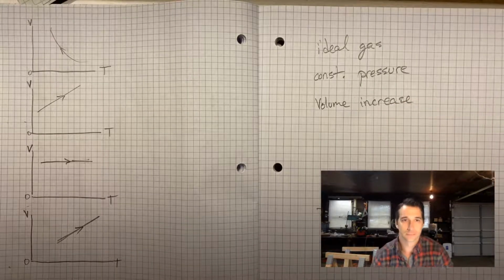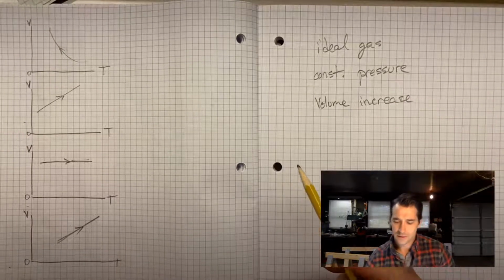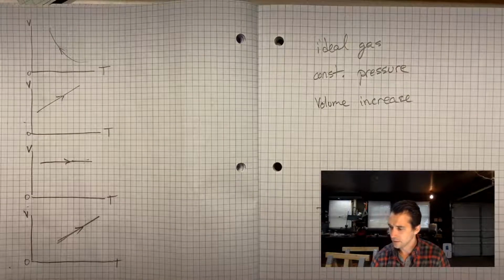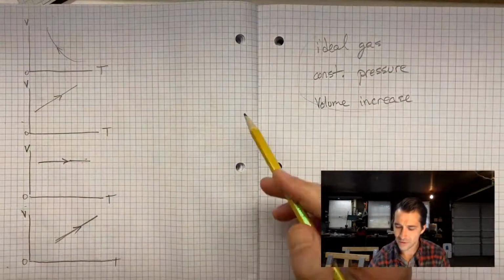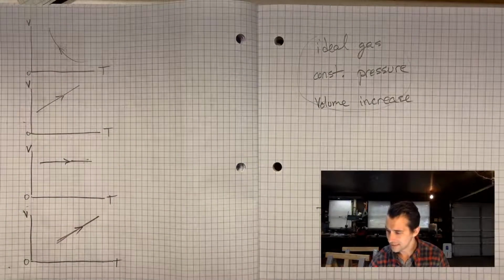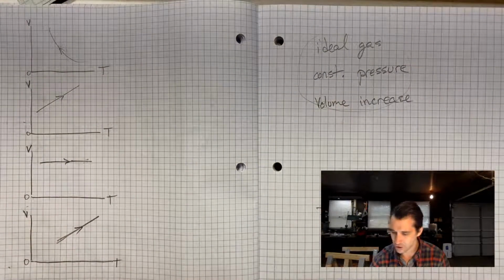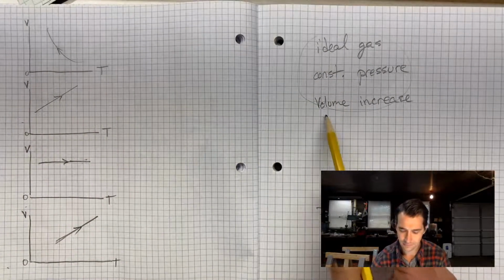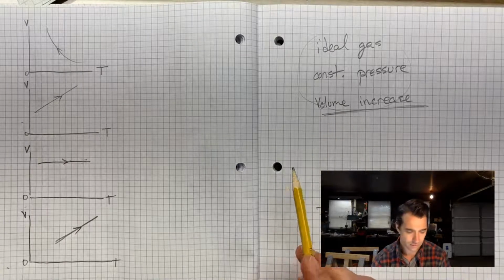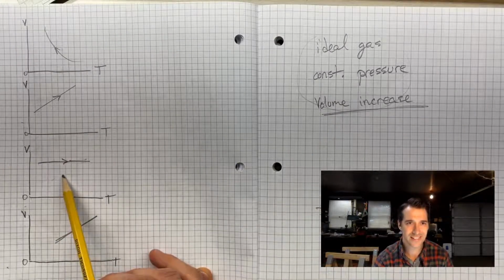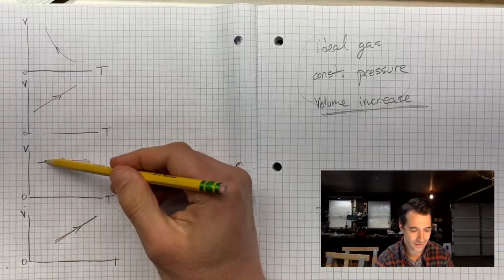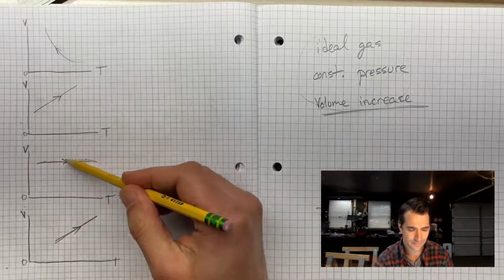Now, let's look at our graphs. Since they tell us it's an expansion, volume increase, if we look at choice C, this volume is staying constant.